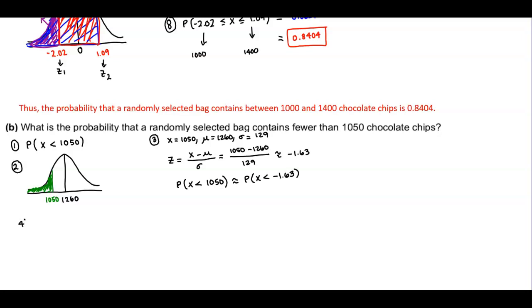So let's draw the graph of that. If we want to draw the graph of the probability where x is less than negative 1.63, we have our bell curve. Let me draw that again.